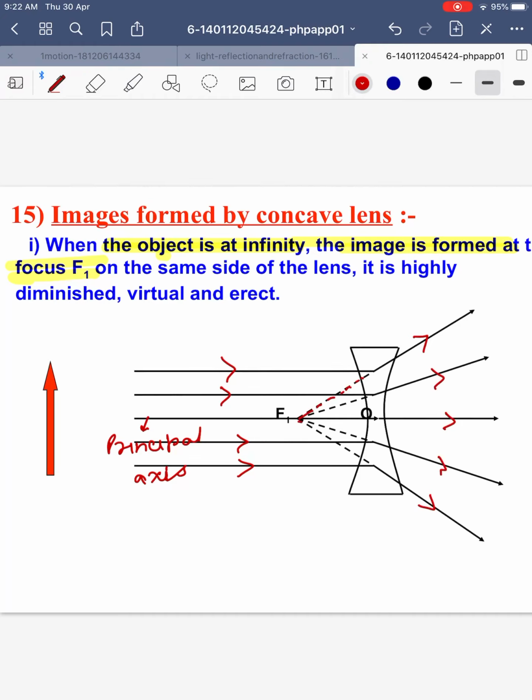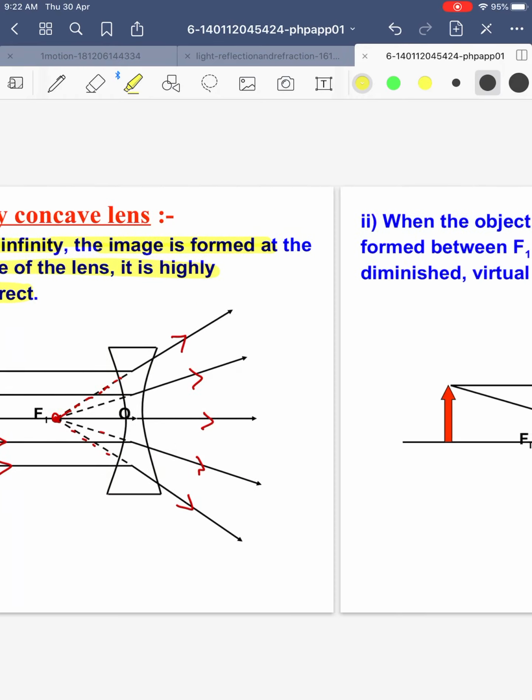If we produce them backward, they appear to intersect at the focus. So we say that the image is formed at the focus, on the same side, highly diminished, virtual and erect. It will be very small in size.